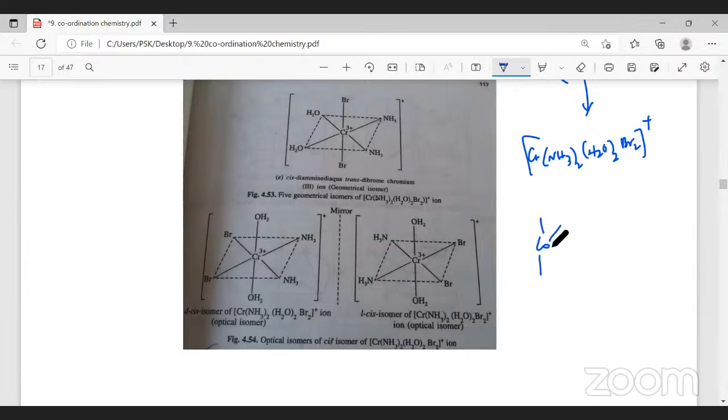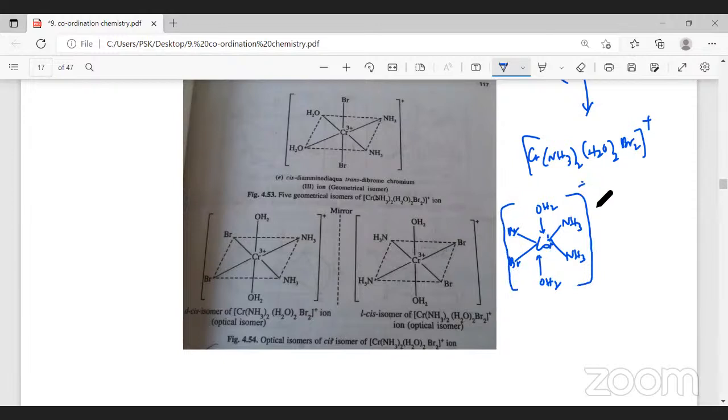I will draw the structure like this, and write here NH3, NH3, and H2O, written as OH2 because oxygen is the donor atom. And I write here Br, and this is Br. And I write a plus charge.